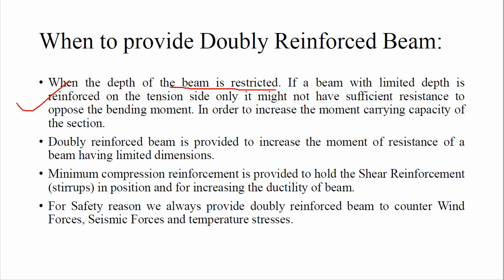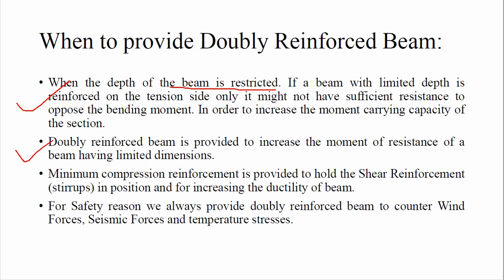A depth of 1.5 meters is practically not feasible. So to restrict it, we are providing a doubly reinforced beam. That means to resist the extra moment applied on the beam, we are providing steel reinforcement in the compression zone. Clear? This is our first and foremost reason when to provide it.